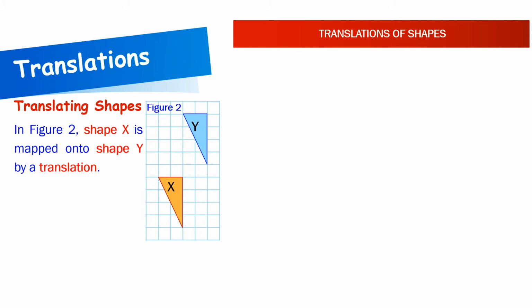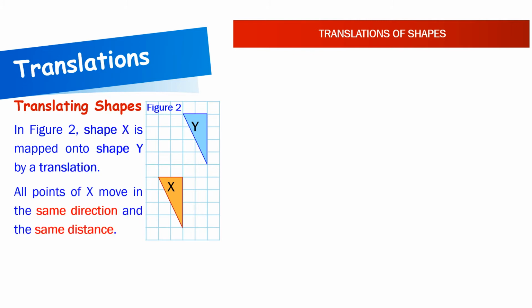Now let's take a look at translating shapes. In figure 2, shape X is mapped onto shape Y by a translation. All the points of X move in the same direction and the same distance.